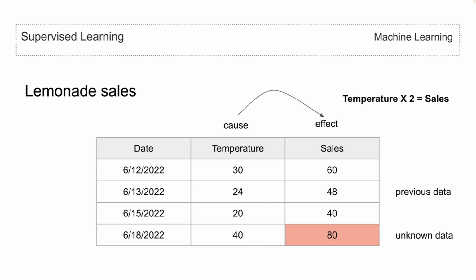That red square is unknown. But how did we get to 80? We use previously known data to predict the future. We can see the pattern: 30 times 2 is 60, 24 times 2 is 48, 20 times 2 is 40. Knowing that pattern, we can multiply 40 by 2 to get 80.